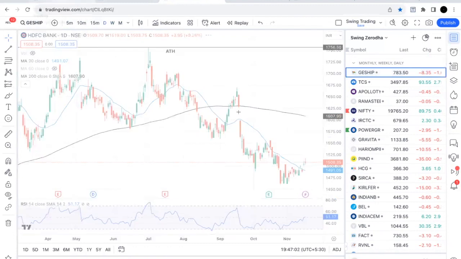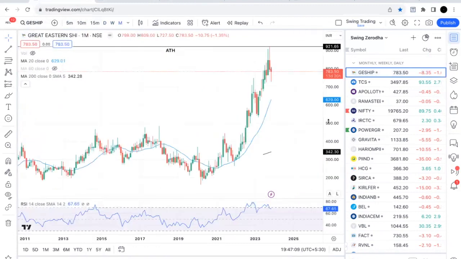So here it is. Monthly, it's looking good. Great Eastern Shipping. And there's only a little bit of record for the 200-period moving average, but it's still there and it's above. And we'll see what happens with the all-time high, if it's going to get rejected or will it push through.